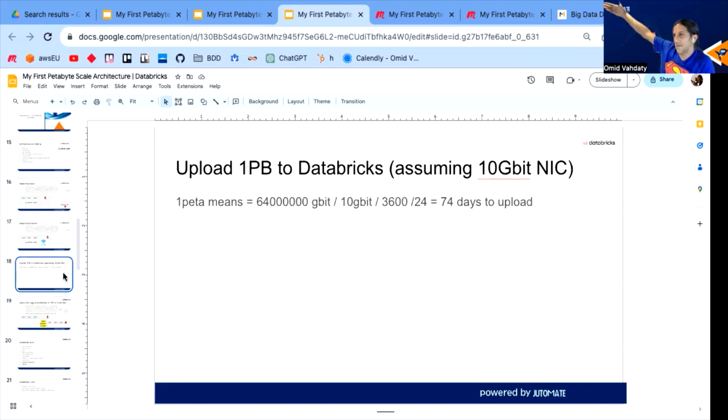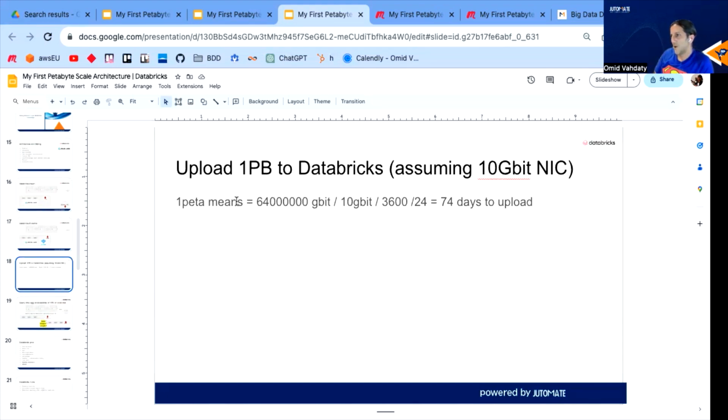In terms of time it takes to upload 1 petabyte to Databricks, in theory, when you are converting to Databricks, you are essentially doing an insert or upload.